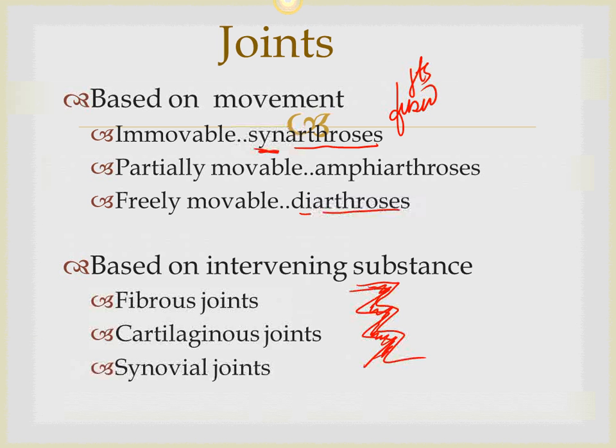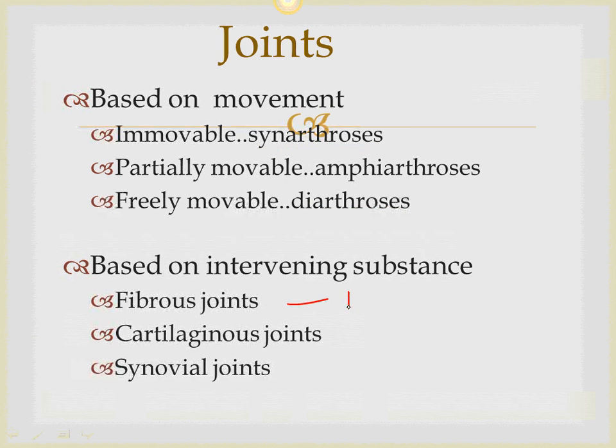It just so happens that fibrous joints are also seen to be immovable. So you might want to just add it up here. Immovable are synarthrosis. Most fibrous joints are immovable, so you can put it up there. Some of them have a little bit of movement. We'll go over that when I come to it.